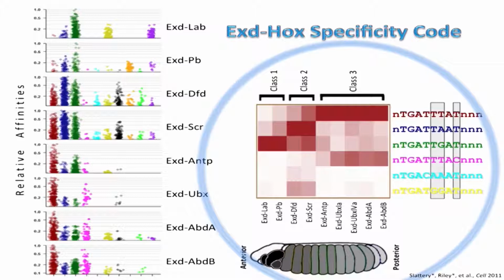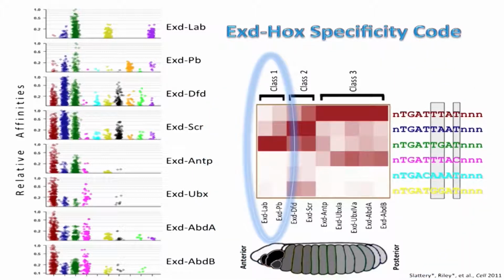So basically the clustering of their binding specificities is collinear with their expression patterns in the fly embryo, which is also collinear with their ordering on the same chromosome. Okay? So, class 1, class 2, class 3. So here's the summary. Yes?